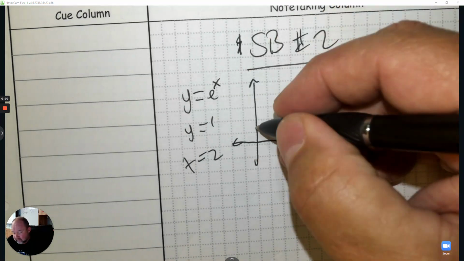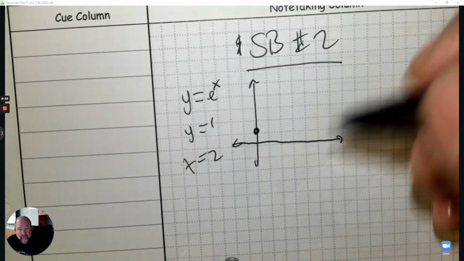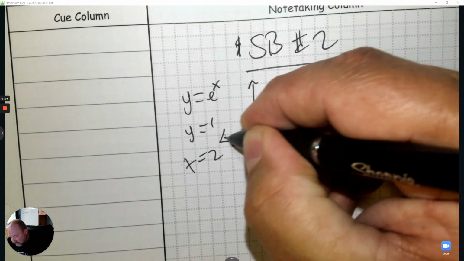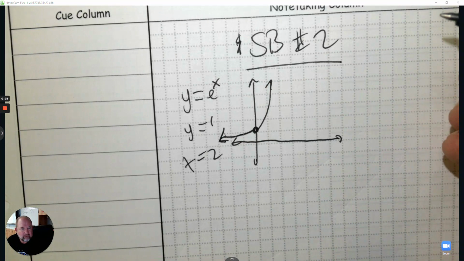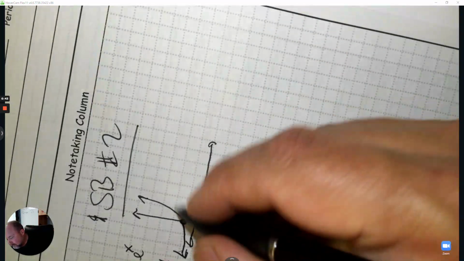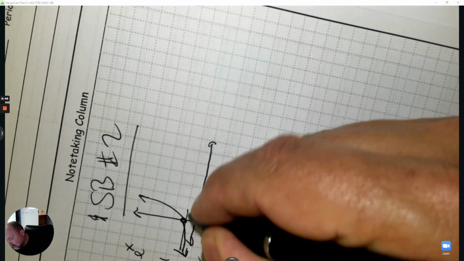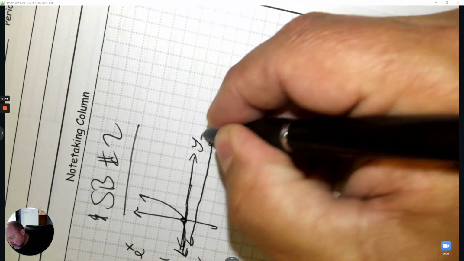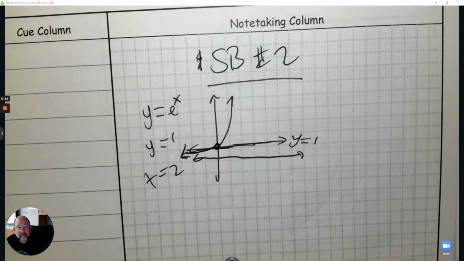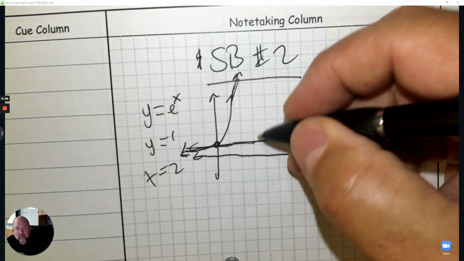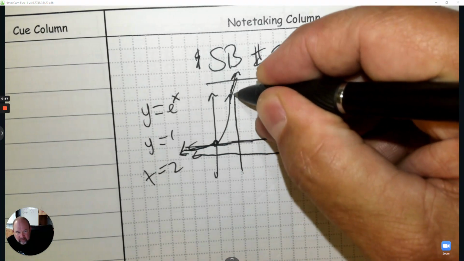So e to the x starts here at 0, 1. It's just a sketch. It curves up this way, and then it goes this way. There's an asymptote at y equals 0, but that's what it kind of looks like. And then y equals 1 is this line. And then x equals 2, as I try to stretch it here, x equals 2 is this line.